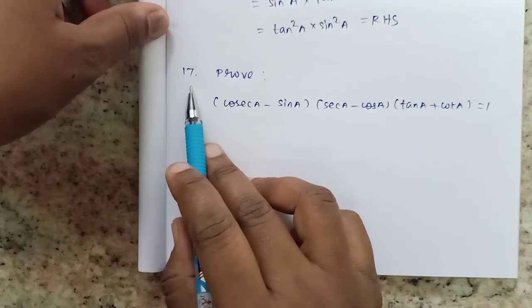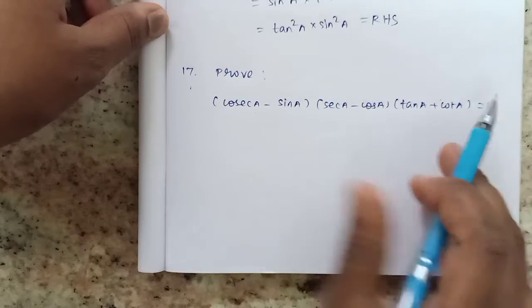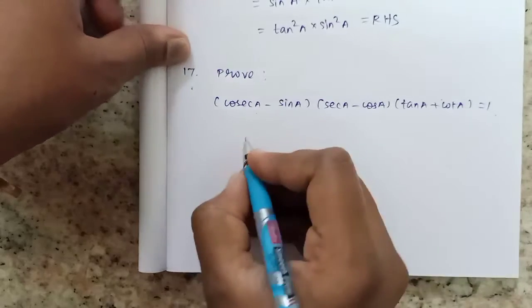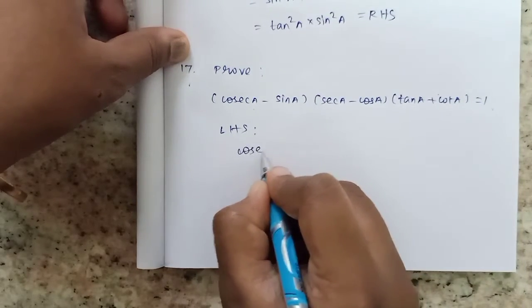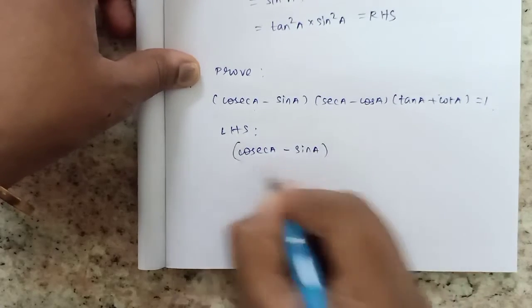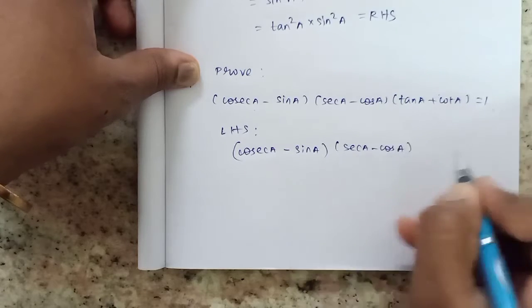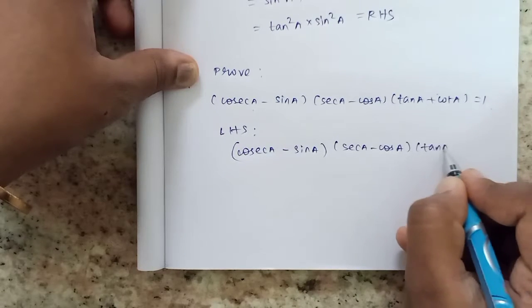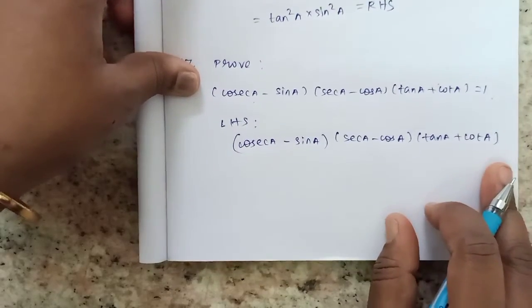Next we are going to see the 17th sum. Prove this thing equal to 1. We can take LHS. LHS is cosecant A minus sin A into secant A minus cos A into tan A plus cot A. We change everything in terms of sin and cos.